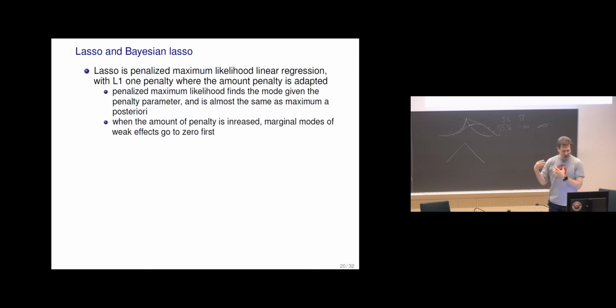Of course, marginal modes of weak effects go to 0 first, so the most important ones tend to stay. But when we have dependent parameters, this removing of weaker things first tends to remove also weaker correlating variables, leaving less correlating variables in the end.